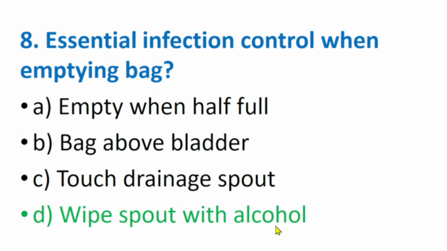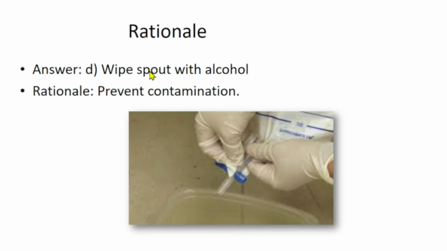The lower side tube is there to drain urine, and we need to clean it with alcohol before and after emptying the urine. Wiping the spout with alcohol will prevent contamination. So this is a spout. We need to clean it first with the spirit. After emptying, again we need to clean it and close it.